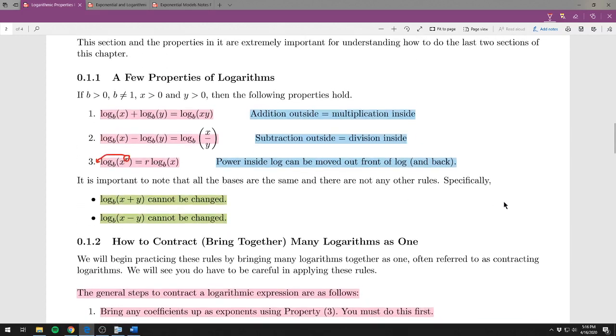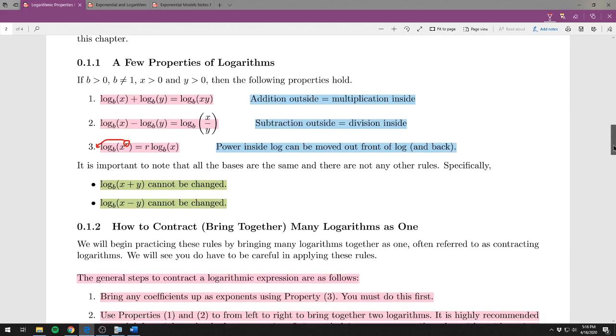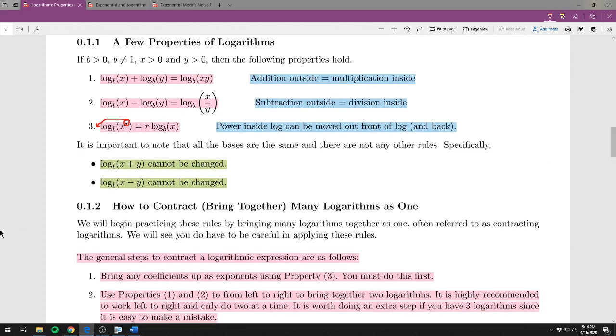All right, so one thing that I also like to mention here, many people like to try to do log rules that aren't real, and these are the most common ones. If you are adding or subtracting inside a log, that's it. If you have something like x plus 1 or x minus 1 inside of a log, that is simplified. You cannot simplify or change that at all. So addition and subtraction inside cannot be broken apart.